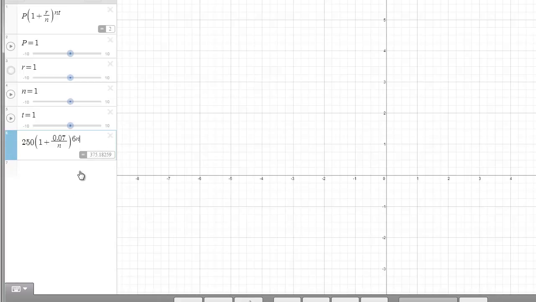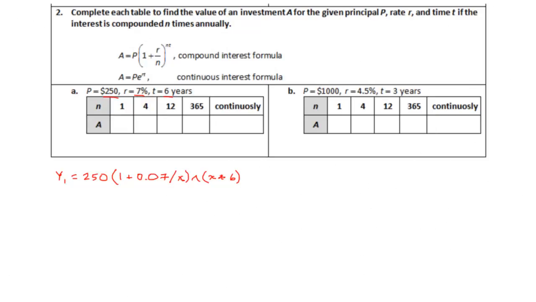And now we've got a value, $375.18 for that first value. I'm a little short on room. $375.18.